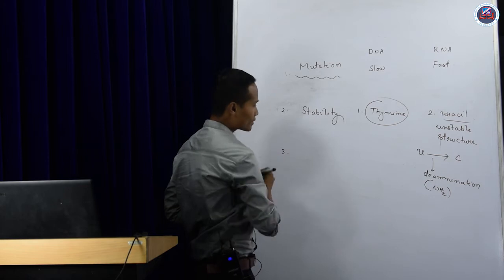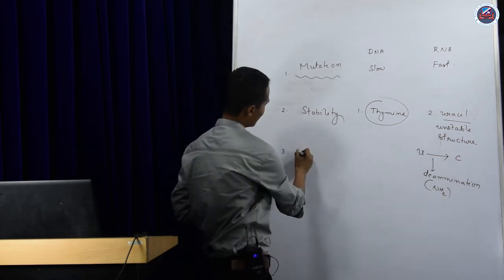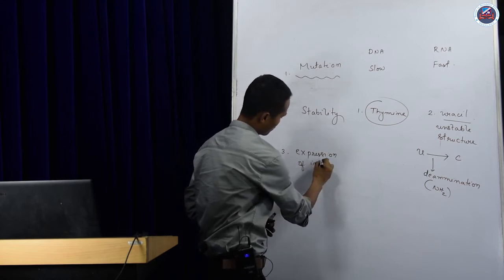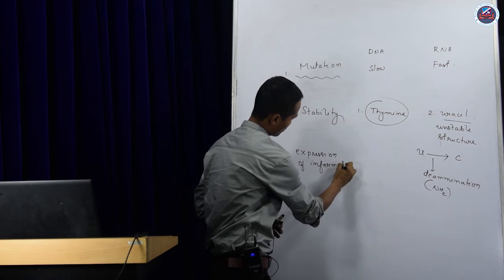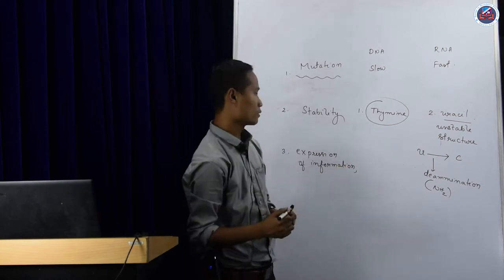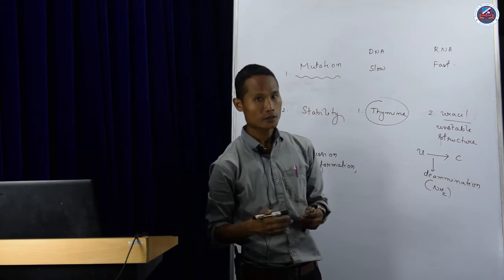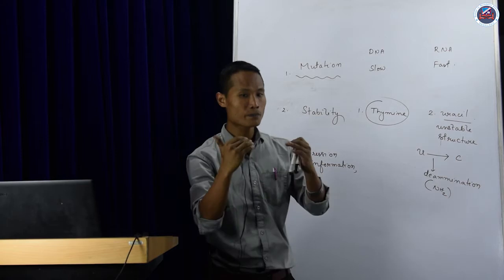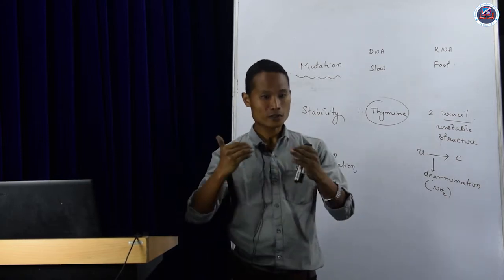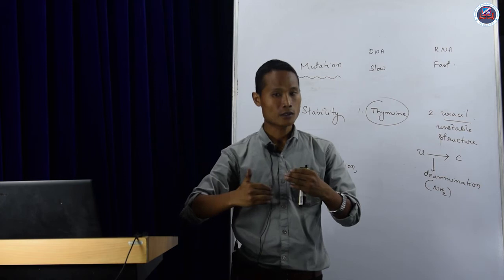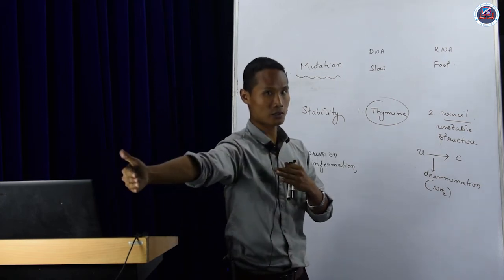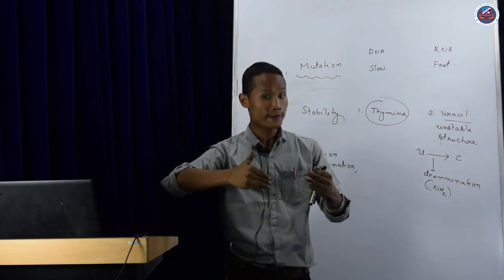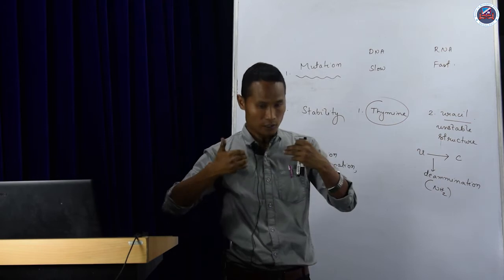Point number 3 is the expression of information. This is very important. Now, what does it mean? You know that DNA stores the genetic information. Whatever the parents have, the character that has to be transferred to the next generation, is stored in DNA.